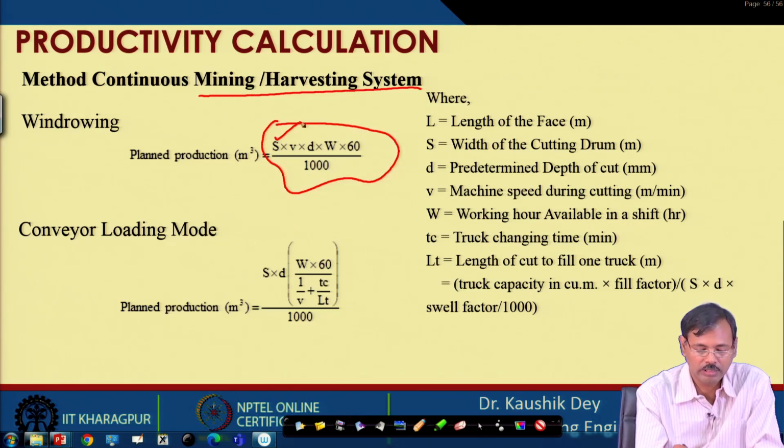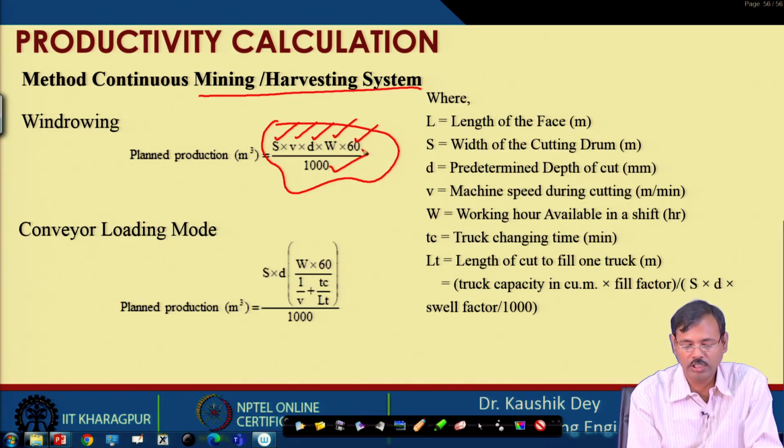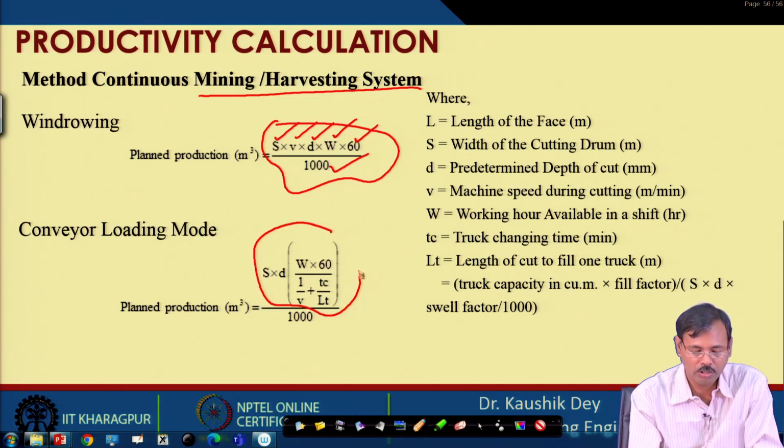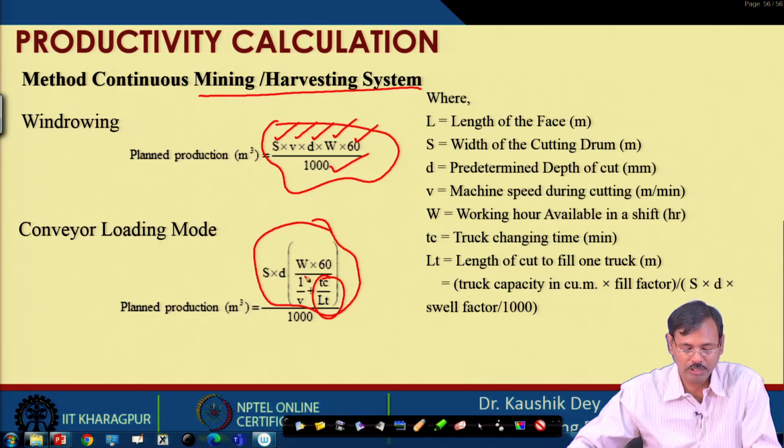So, this is S into V into D into working hours into 60 per minute and 1000 for D. That S into D into V is basically the production formula for the windrowing method, and in conveyor loading method we need to consider the delay time with respect to the truck exchange time after filling of each truck. So, that is the production formula for the harvesting or continuous mode of operation.